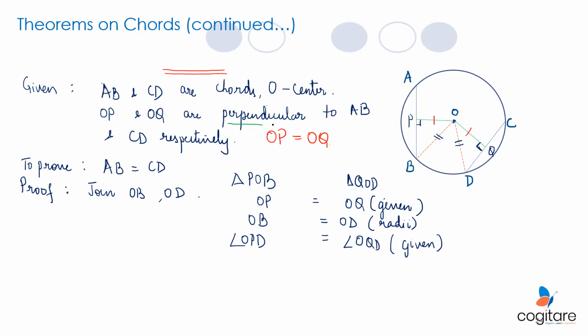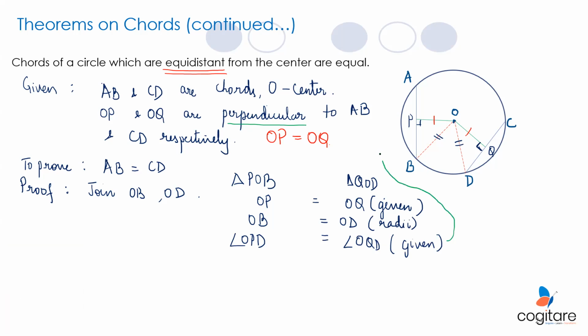So this third point is because it's given, right? So you will observe very elegantly by RHS, these two triangles are congruent. By RHS, triangle POB is congruent to triangle QOD.